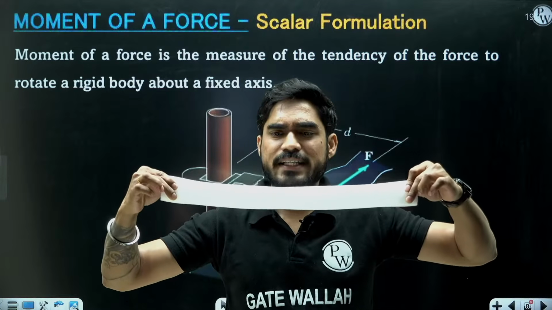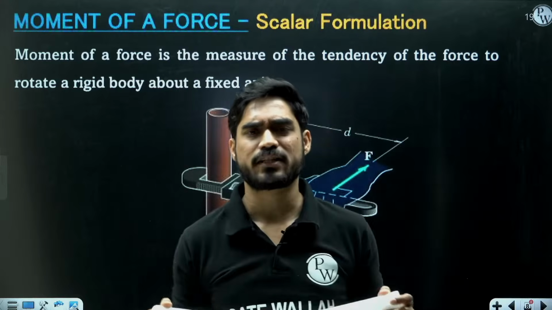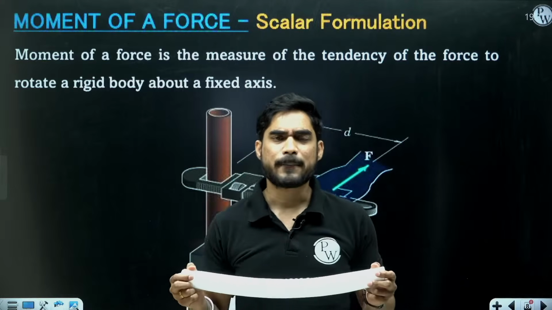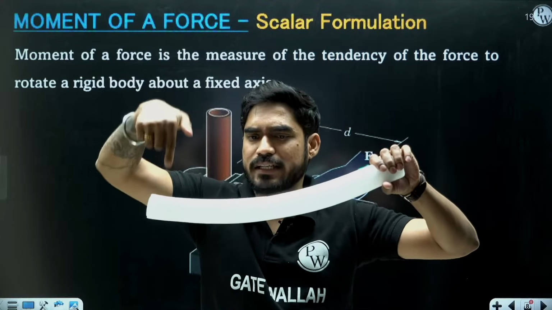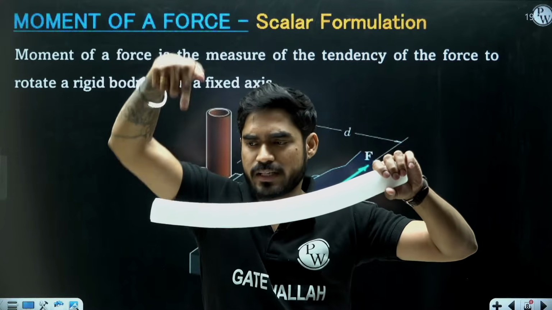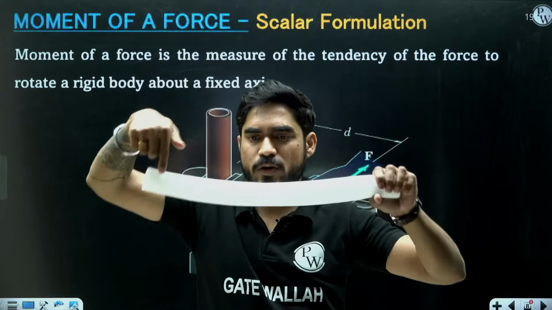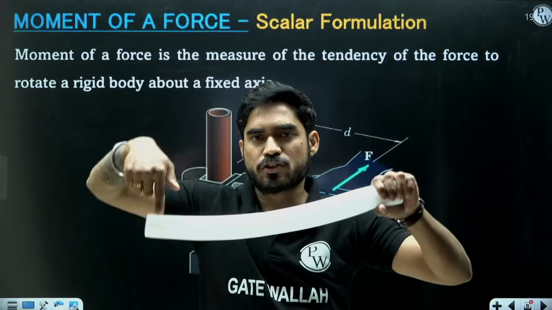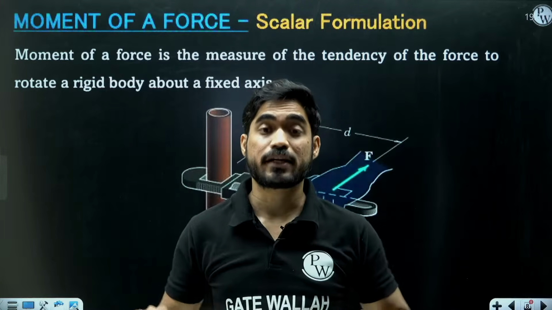So you will see that these forces do not have any tendency to rotate this body. But if I apply a force like this, then you can see that this force will try to rotate this body, right? So this force is actually applying moment on this body.